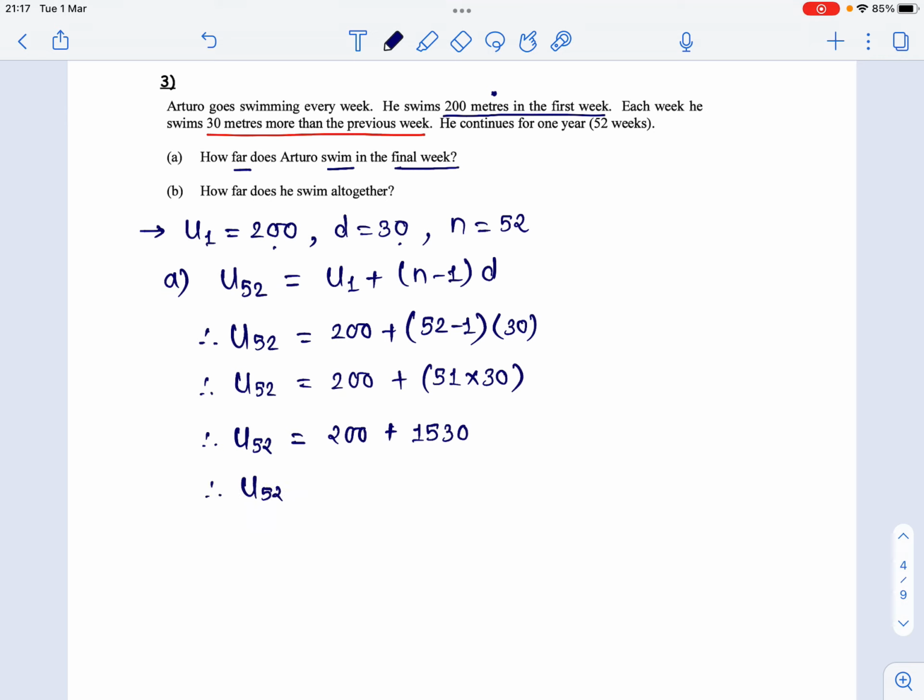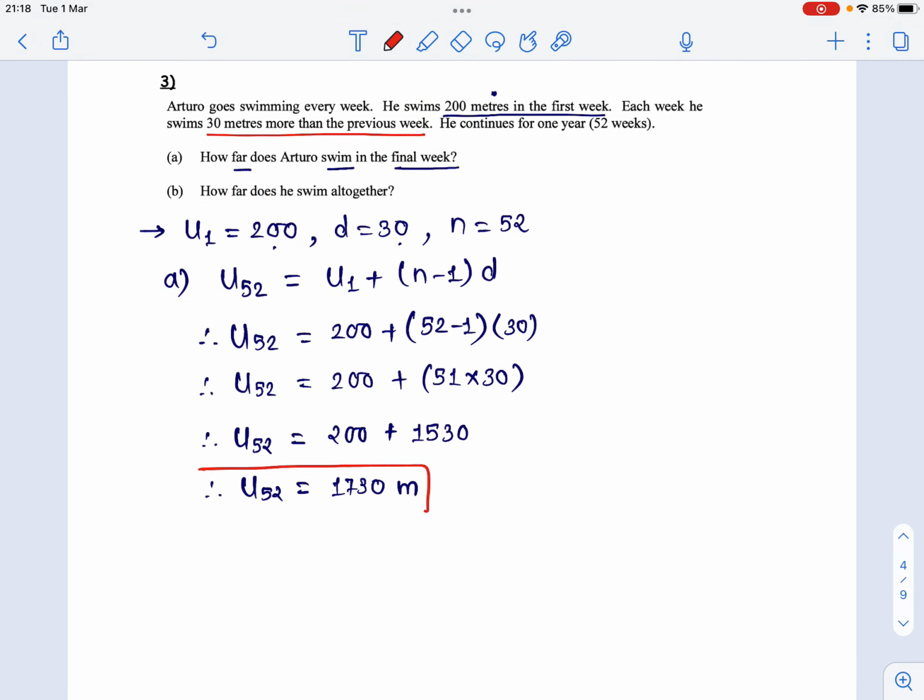So the total, how much he swims in the last week, is 1530 plus 200, which is 1730. As you see, it is an application problem, so please write down in words or use the units if they have given.